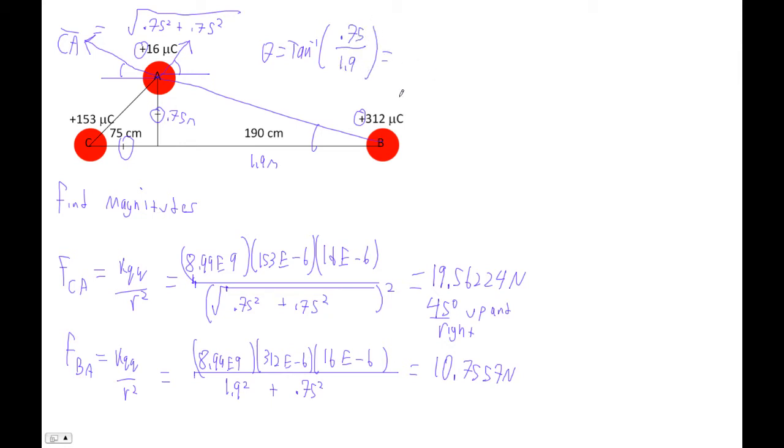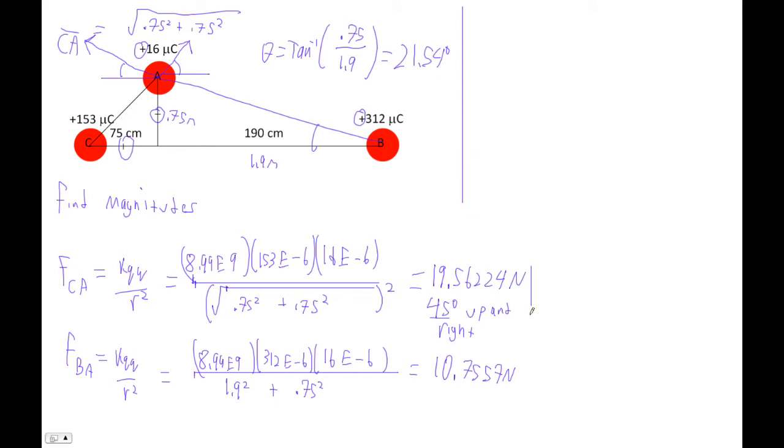By the way, you can do this without angles at all. So the tan inverse of 0.75 divided by 1.9, that angle is 21.54.